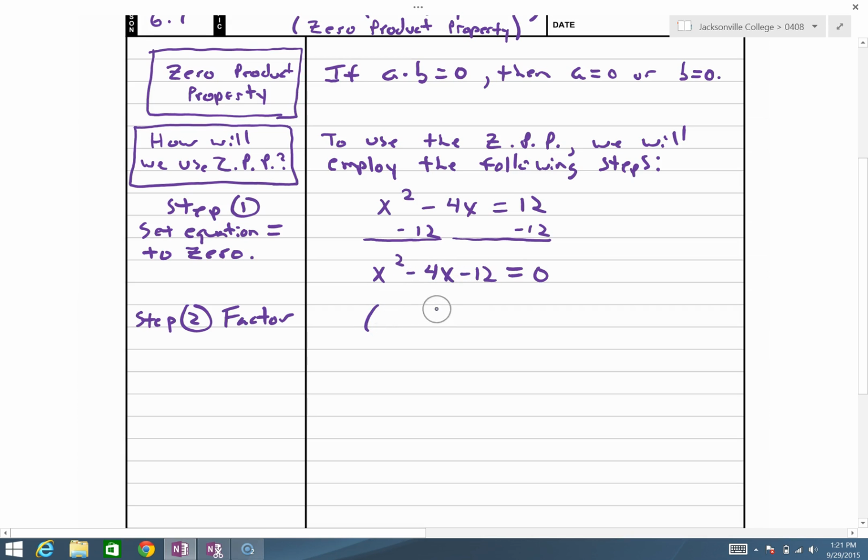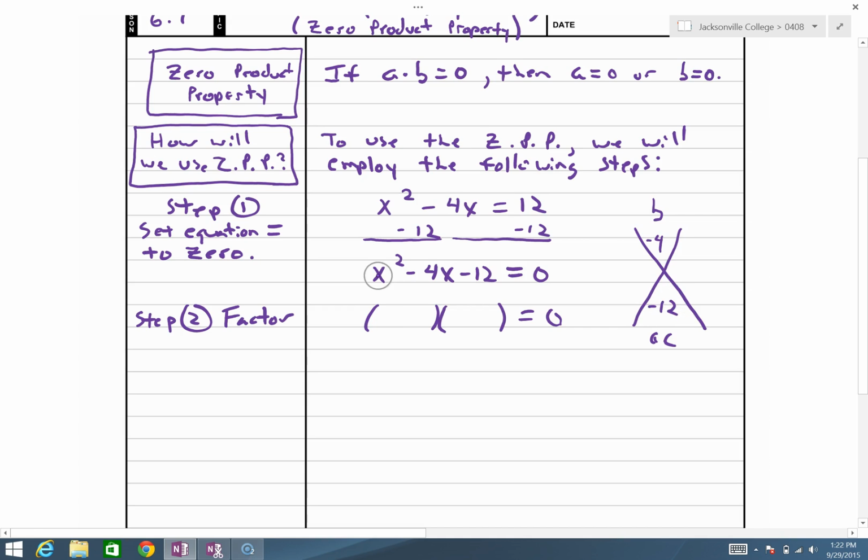This is one where I'm going to use my big X method. This is just my scratch paper over here. In the top, I'm writing b. In the bottom, I'm writing a times c. b is negative 4. A times c is 1 times negative 12. That's negative 12.